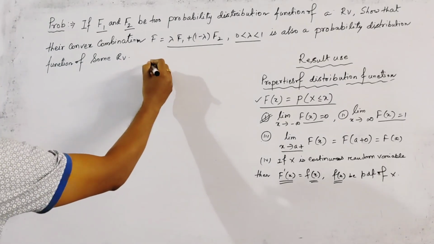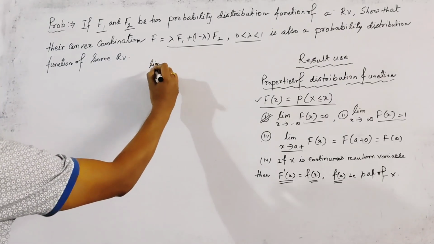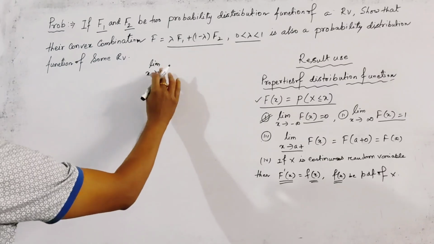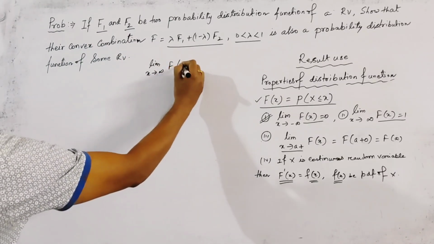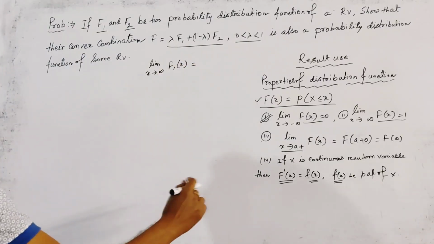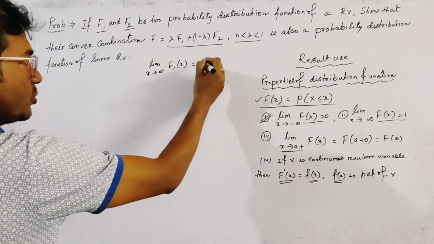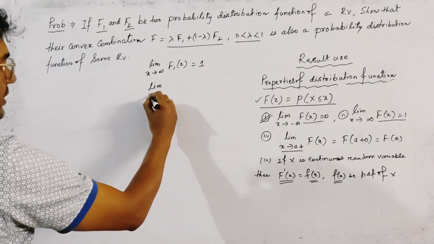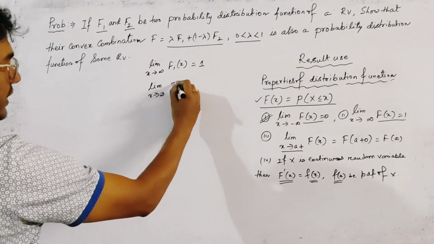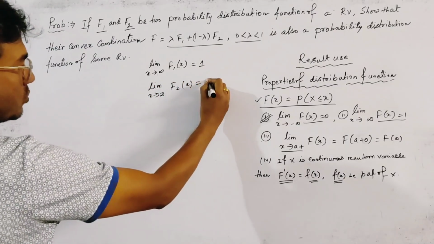Limit x tends to infinity of F1(x) is obviously 1 using property 2, and similarly the limit of F2(x) is 1.